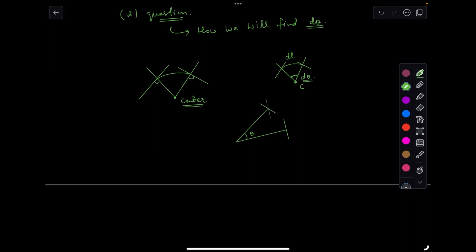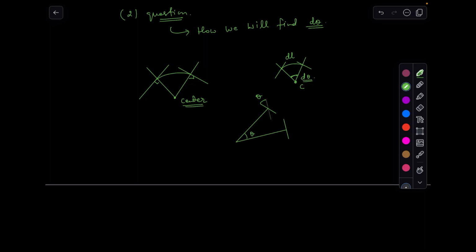So this angle will also be theta. So if a line rotates by theta, then its normal will also rotate by theta. We will use this fact in our situation also.